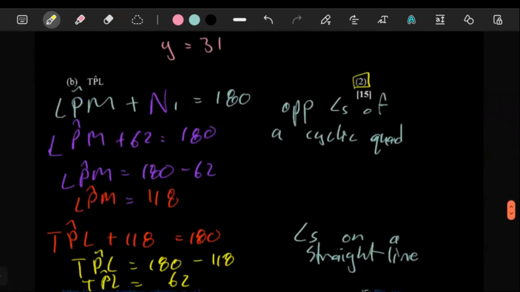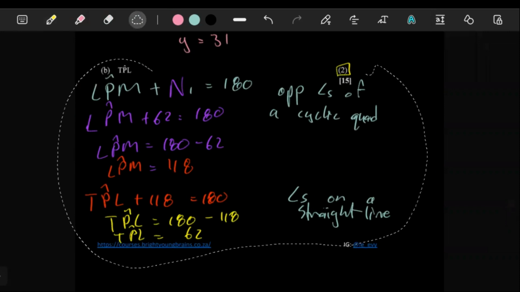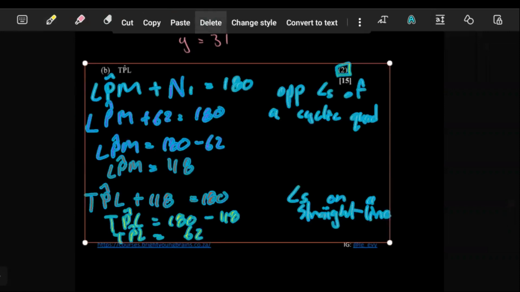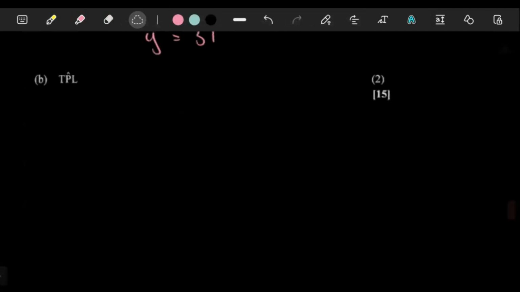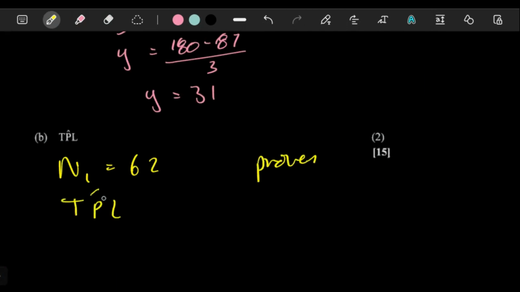So for 2 marks, all this was really just overkill. So just for the sake of this question, I'm gonna scrap everything and just say here, N1 is equal to 62, proven. So now we can just say TPL is equal to N1, which is equal to 62.